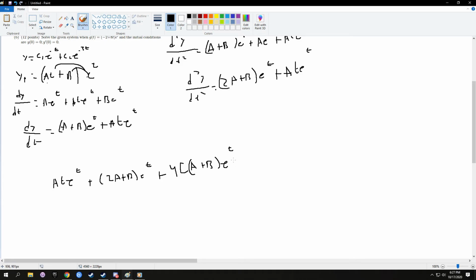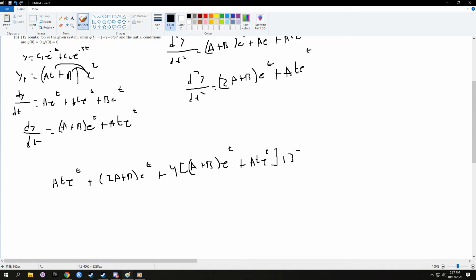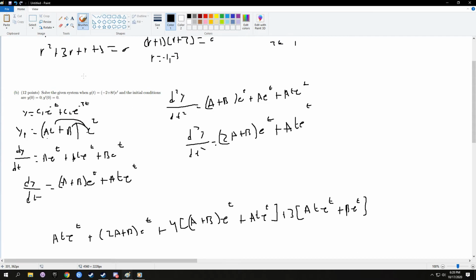Plus 3 times my y particular, which is at e to the t plus b e to the t. And now I'm setting this equal to my g of t, which is negative 2 e to the t plus at e to the t.